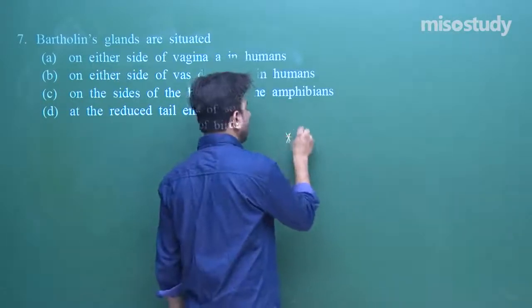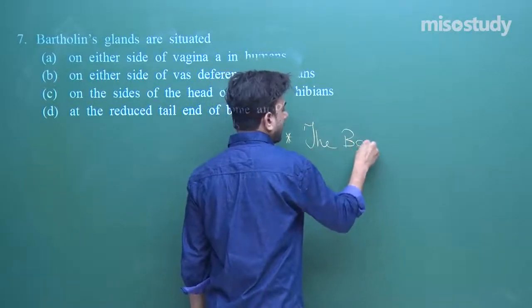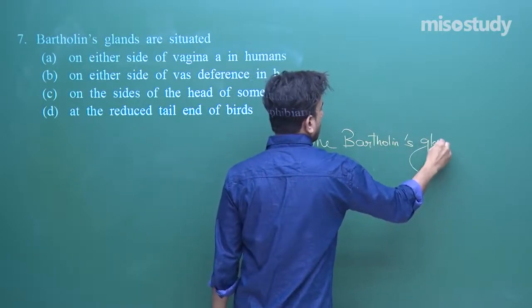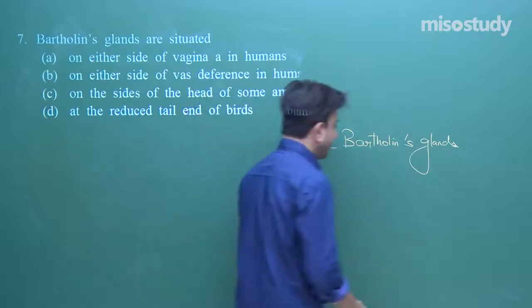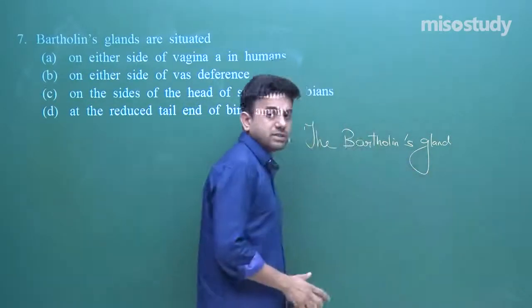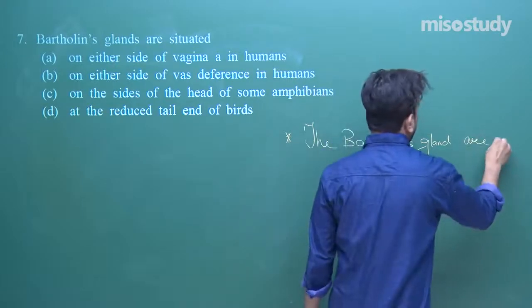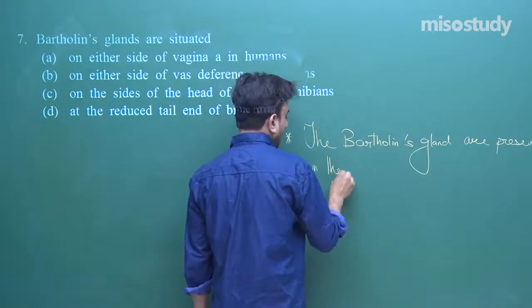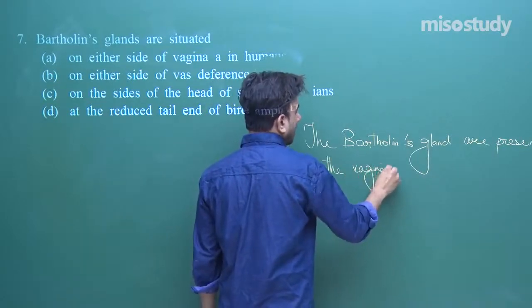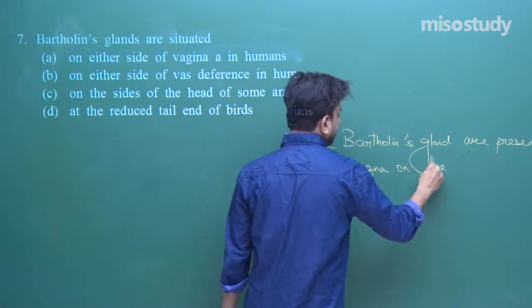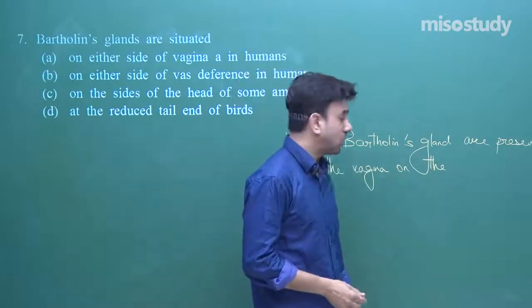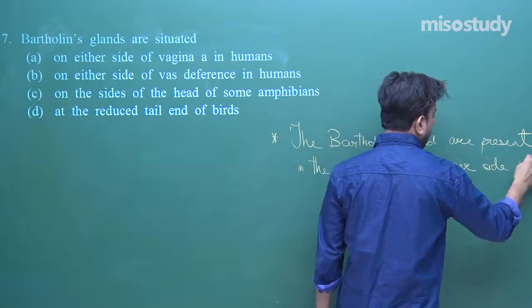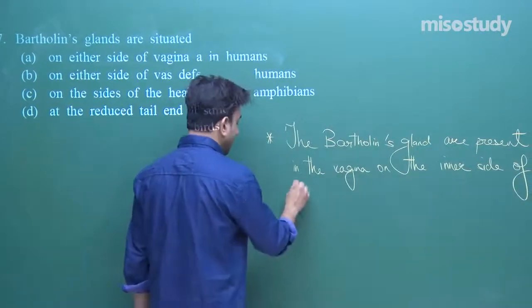So the Bartholin's glands are present in the vagina, on the inner side of the labia minora, right?